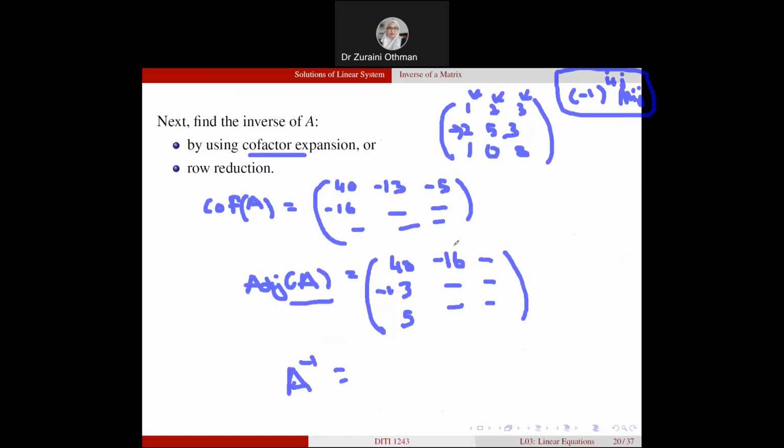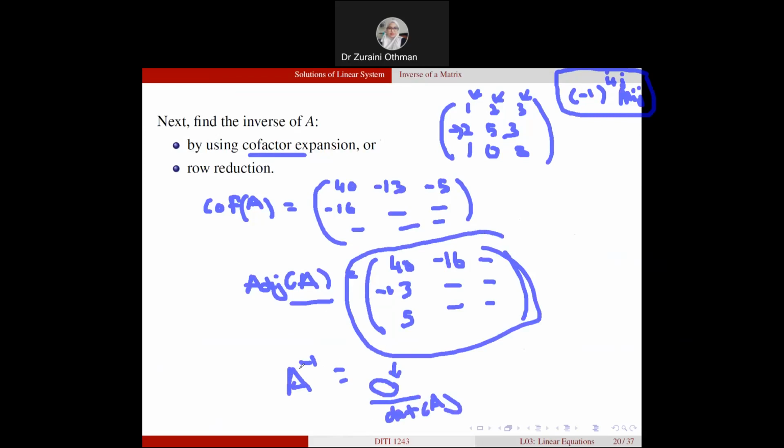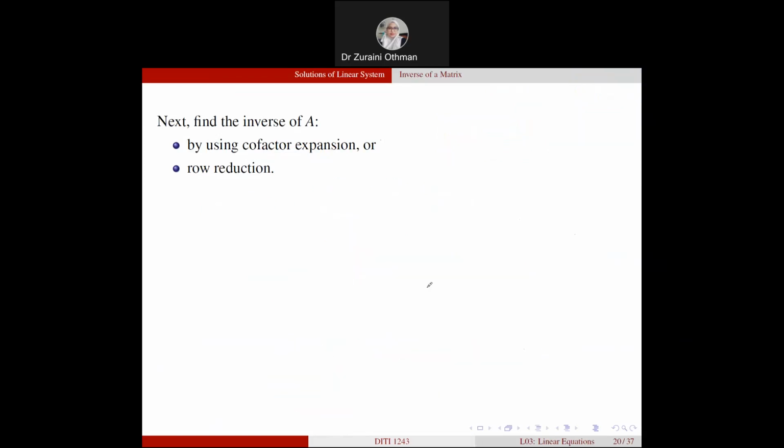This adjoint, yang ni semua ni, kena letak dekat sini, value dia semua, kena bahagi dengan determinant of A. So, this is the inverse value. So, the inverse value yang ni is coming from the method that I show you just now.